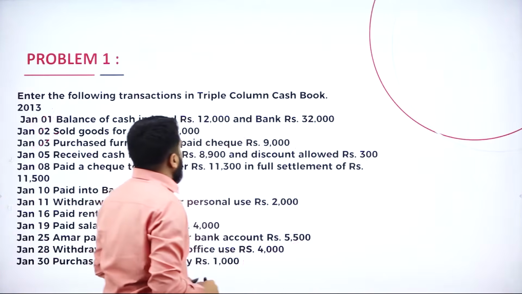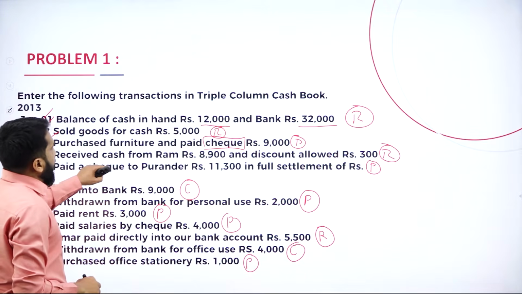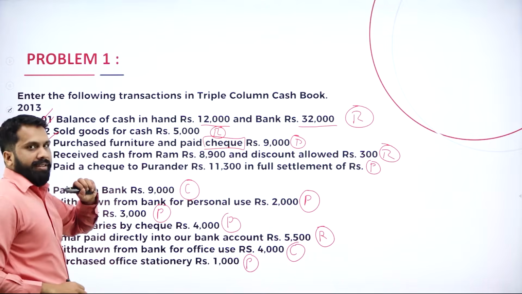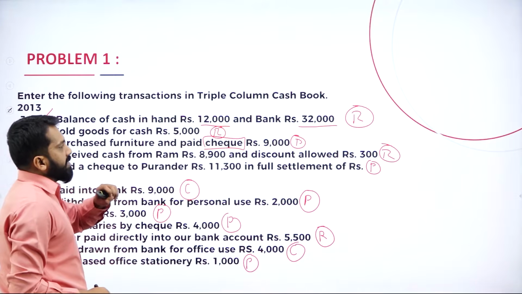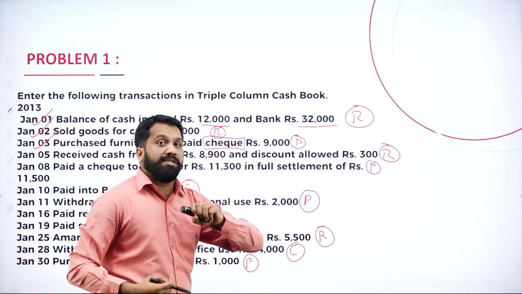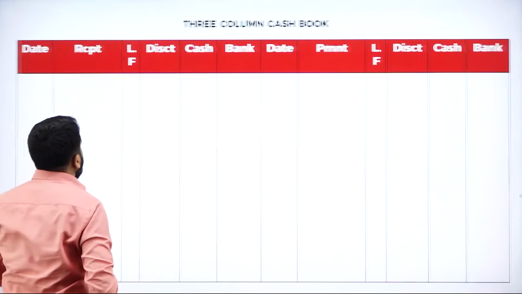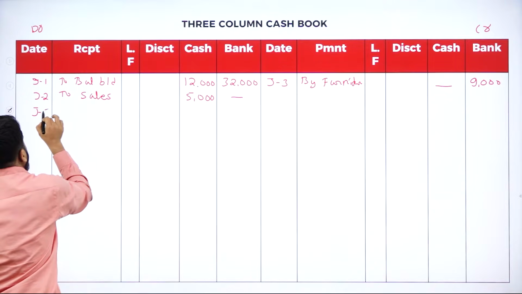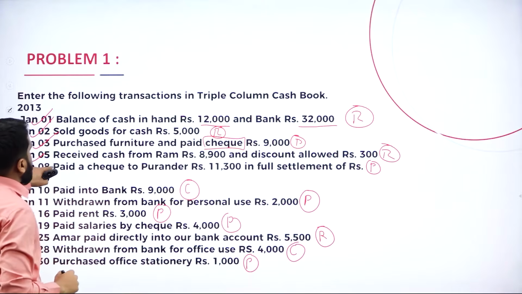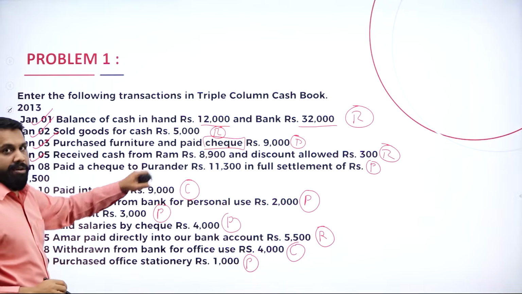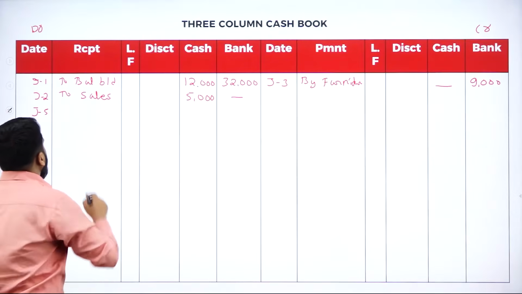Now, next, you have received cash from Ram, 8,900 and discount, it is 300. Received means what? Receipt side. Now, January 5th. You have received from whom? From Ram, 8,900.